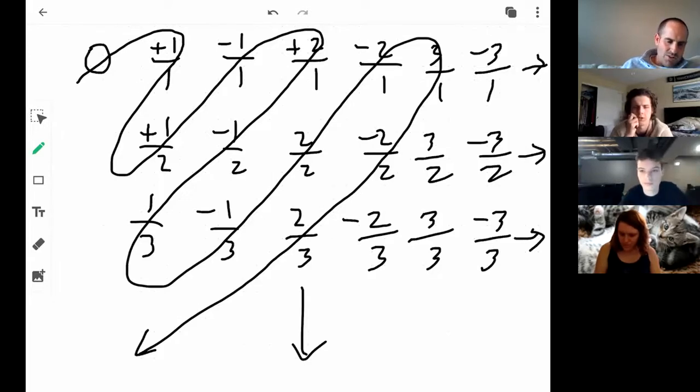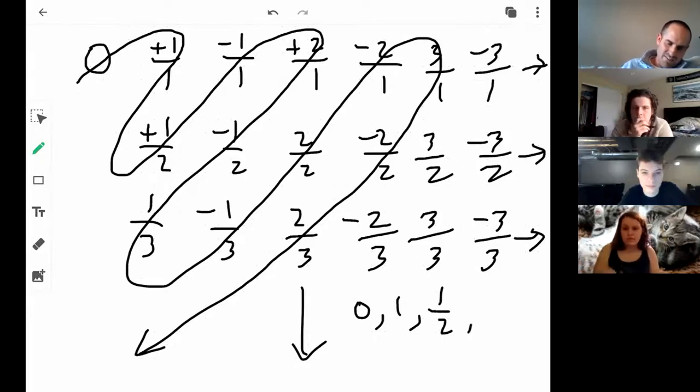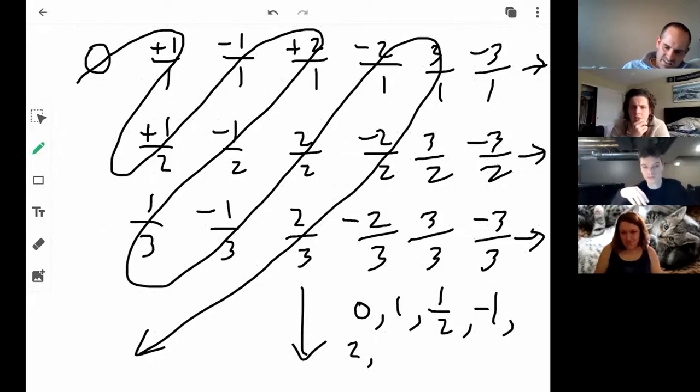I would first write down 0. The next number in the list is 1. Next is 1/2. Next, negative 1. Next, 2. And then negative 1/2.